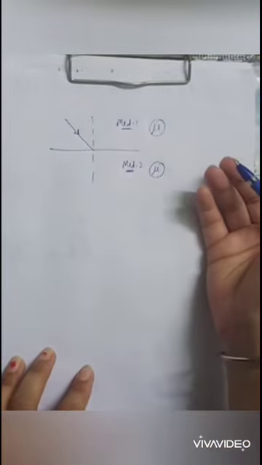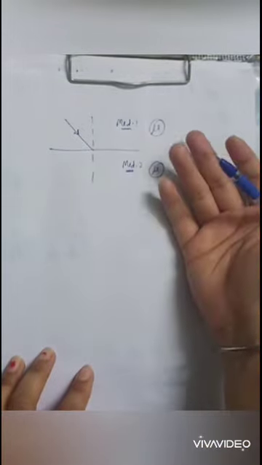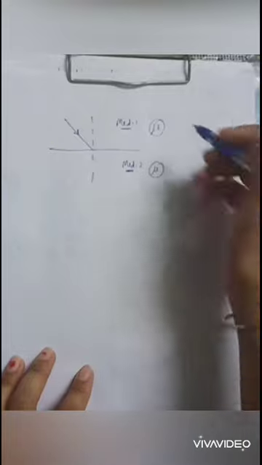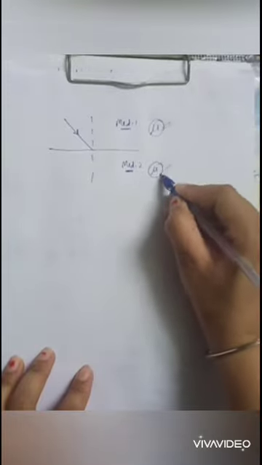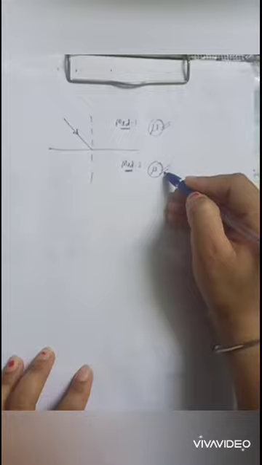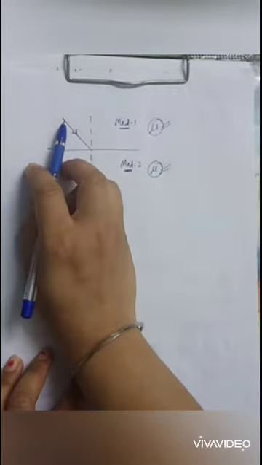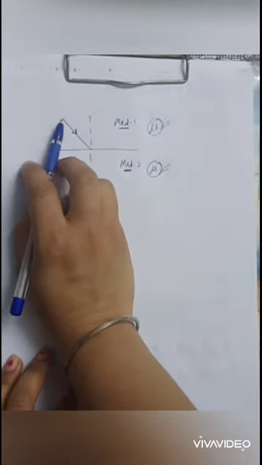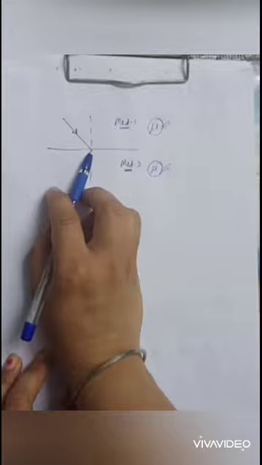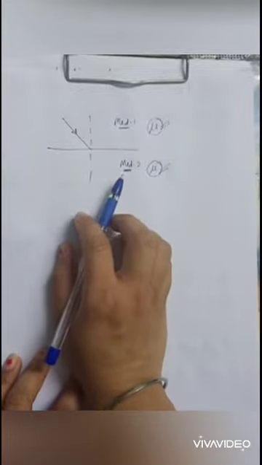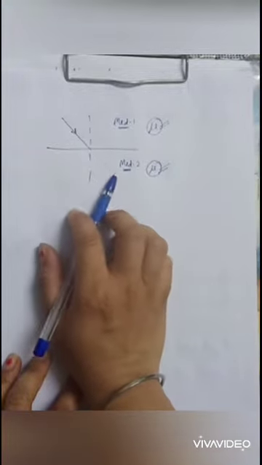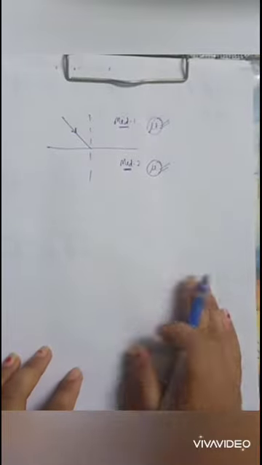It will bend, it will change its direction or not? Obviously not, because the value of refractive indices is same, so the speed of light will remain same. Then the light does not change its direction, it will go in the same direction.